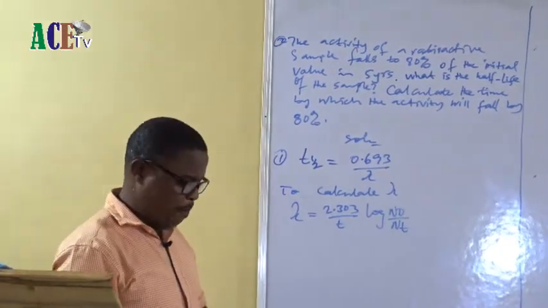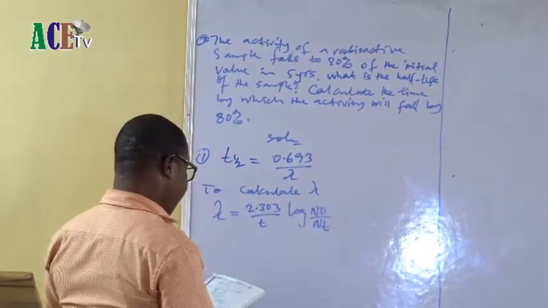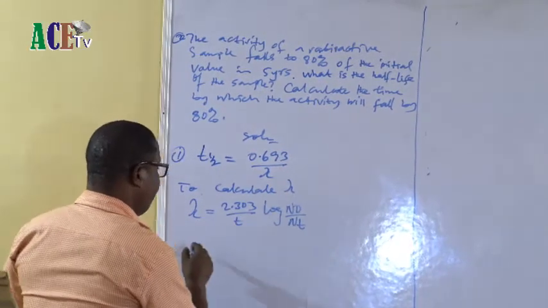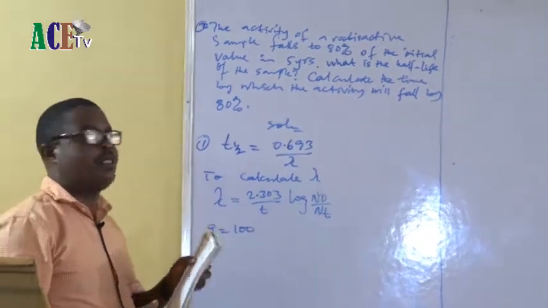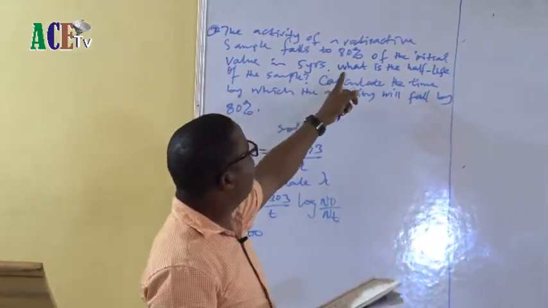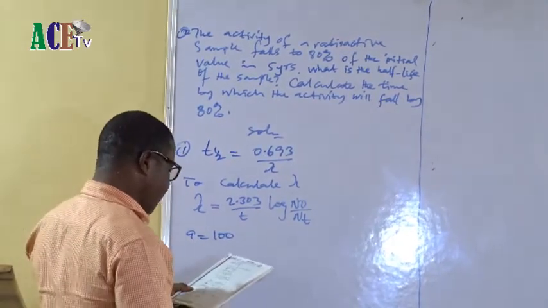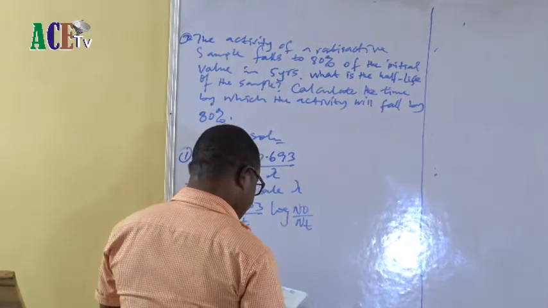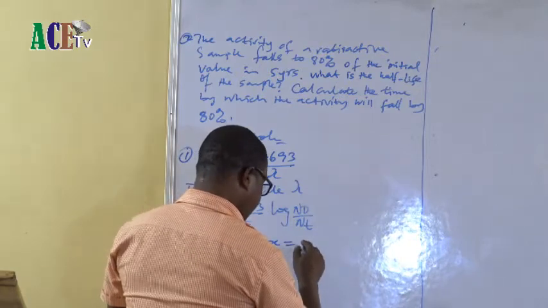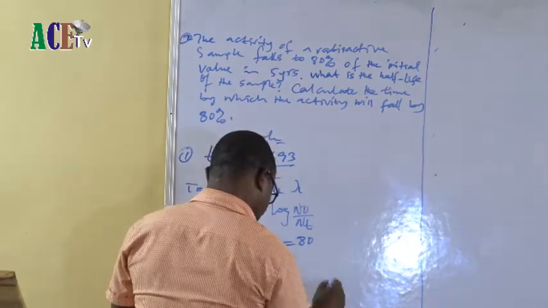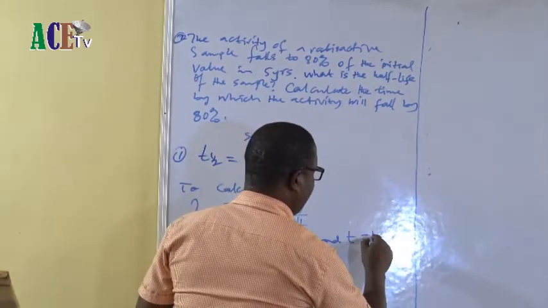That is our lambda. So we calculate lambda there. We know that our A is equal to 100. It's always 100%, since it's talking about percentage now. They said it fell by 20%, then everything is 100%. So A is 100%, and A minus x is equal to 80%. And there, our T is equal to 5 years.